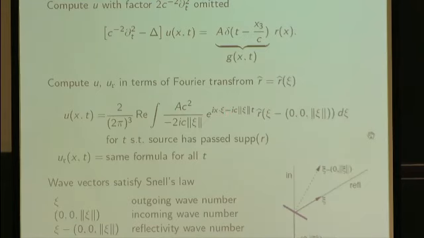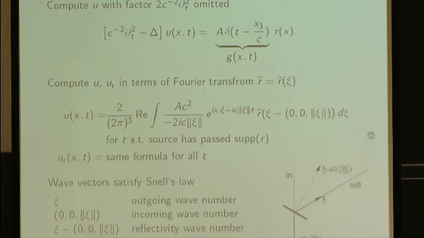Then the incoming wave must have the same wave number of the same length, but it points vertically downwards, so that is 0 psi in this 2D picture. And then the reflector wave number is in here, and it's just the difference of the two. So yeah, it's the geometrical optics in terms of wave numbers.